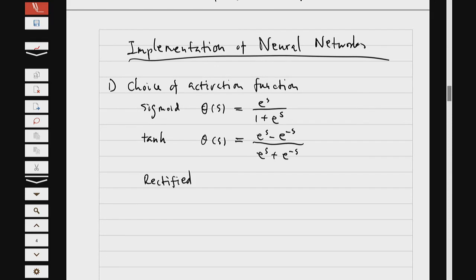Rectifier, of course, as in EE, a rectifier is a diode that only goes one way. So rectified linear unit, short for ReLU. It does not allow any negative input to be passed on. It's like a diode, no negative voltage allowed.